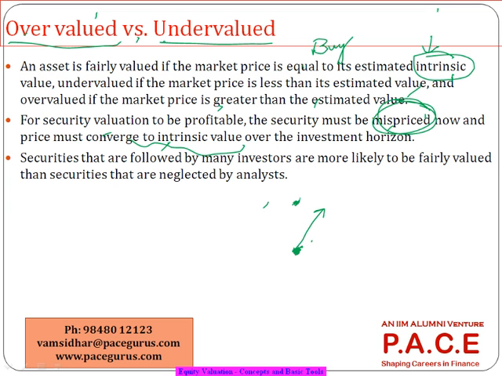So after some period, it may so happen that the intrinsic value meets more or less the market value. That gap actually gets reduced. That is the prime intention of valuation, and then making your buy or sell decision based on the valuation. Right?